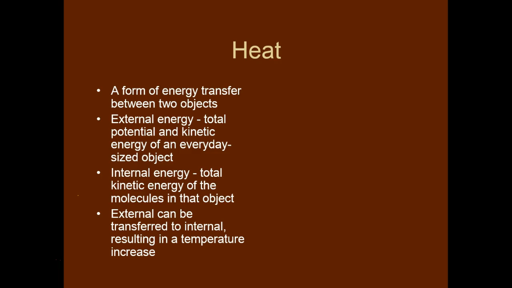Okay, so you have two things. External energy. So let's say here we have this partial bottle of hand goo. Its external energy is the total potential and kinetic energy of this. So how fast is it moving?